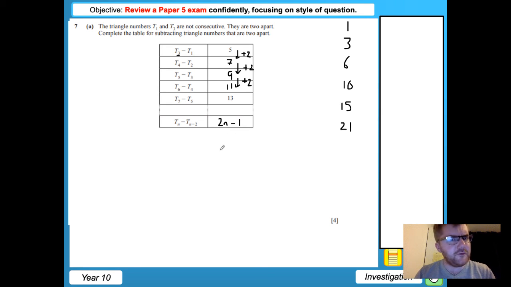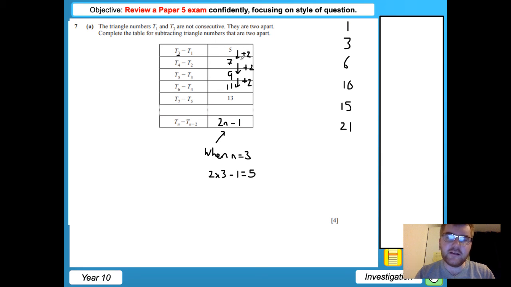Now, if you're not sure about that part here, let's just check some numbers. So when n is equal to 3, which is this one here, then we do 2 times 3 minus 1, and that's equal to 5.